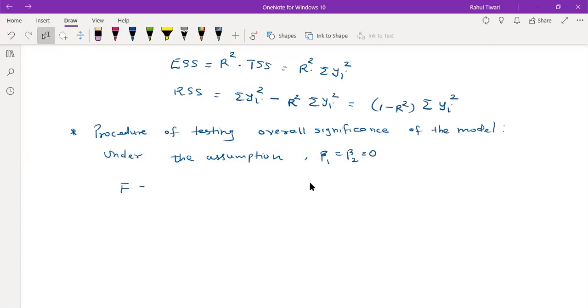F ratio is ESS by degree of freedom, which is 2, divided by RSS by degree of freedom, which is n minus 3, which follows F distribution with 2 comma n minus 3 degrees of freedom. You don't need to write degree of freedom because that is understood.